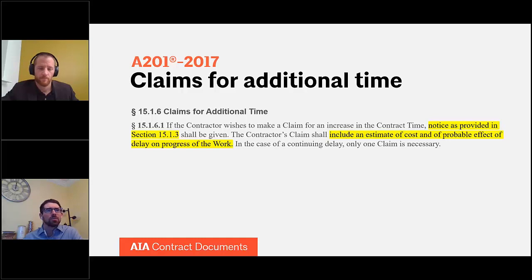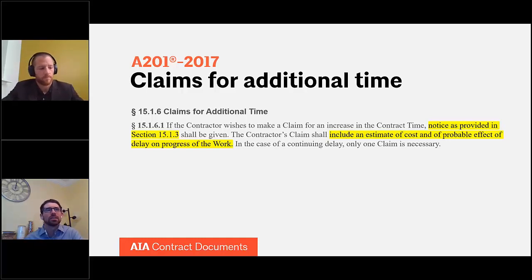Under 15.1.6.1, if the contractor wants to make a claim for an increase in the contract time, for example under that 8.3.1 framework, then notice shall be given as provided in section 15.1.3, which we'll talk about on the next slide. And the claim has to include an estimate of the cost and of the probable effect of the delay on the progress of the work.